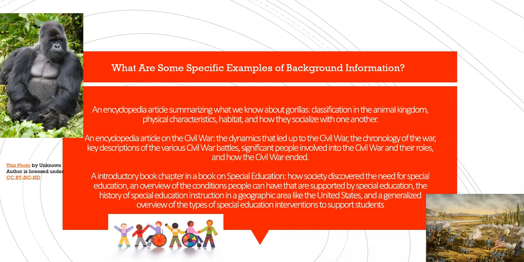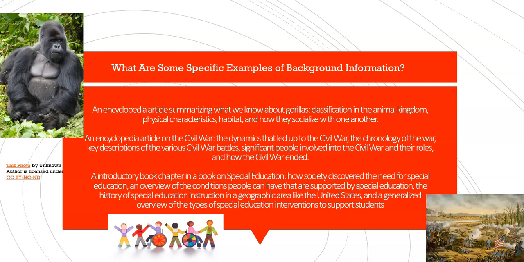If we were looking at an encyclopedia article on the Civil War, we might read about the dynamics that led up to the Civil War, the chronology of the war, so what were the important dates along the war, key descriptions of significant Civil War battles and their significance to the war, people who were involved in the Civil War and what were their important roles, and then how did the Civil War end.